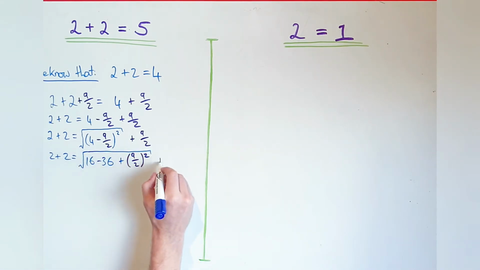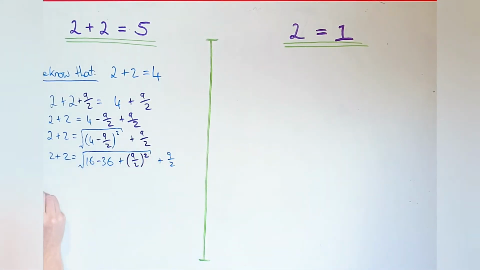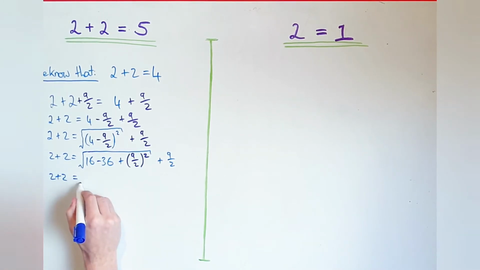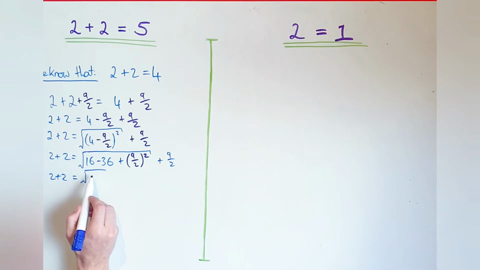And then we have our plus 9 over 2. So continuing on, we still have our 2 plus 2. Now I'm going to keep the square root. So instead of having the 16 minus 36, which will give us a minus 20, right?